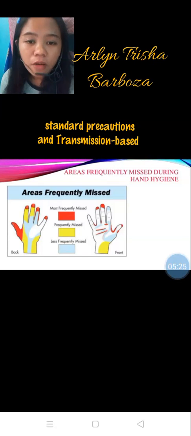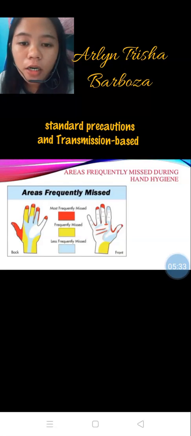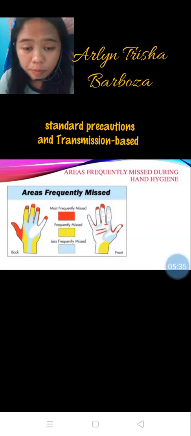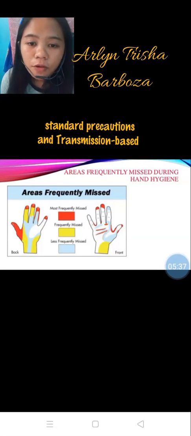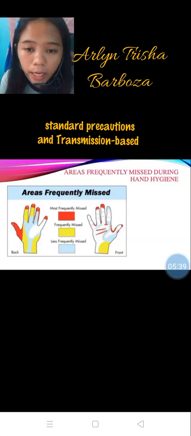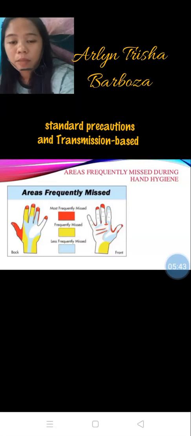So, we have here the areas frequently missed during hand hygiene. In red color, we have the most frequently missed areas. The yellow is frequently missed, and the light blue is less frequently missed.